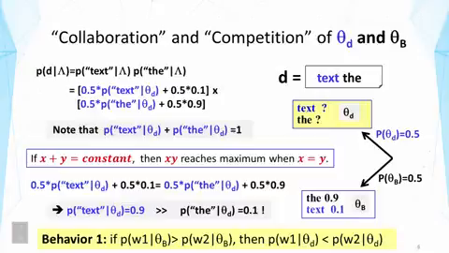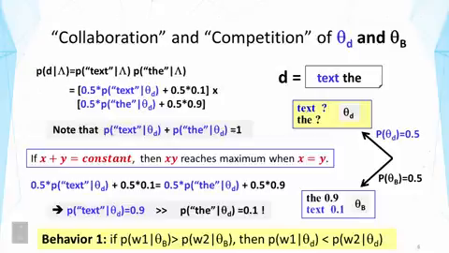So this is in fact a very general behavior of this mixture model. That is, if one distribution assigns a high probability to one word than another, then the other distribution would tend to do the opposite. Basically, it would discourage other distributions from doing the same. And this is to balance them out so that we can account for all kinds of words.